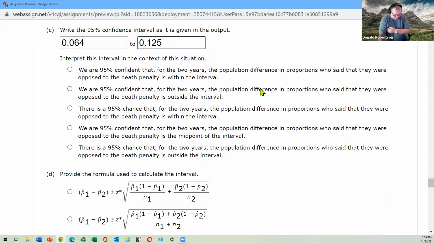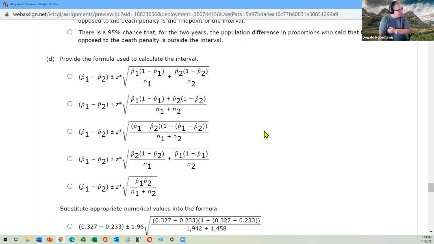Now, if you went and did the horrible formula one, the one you'd be using is the one that looks like that, isn't it? Do you know that there's no numbers attached to it? It's just generic, but isn't that the formula? P1 hat take away P2 hat.